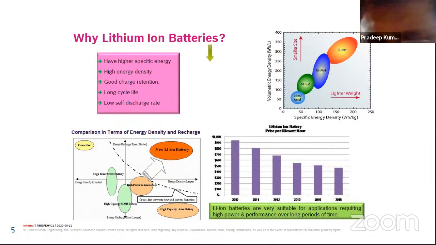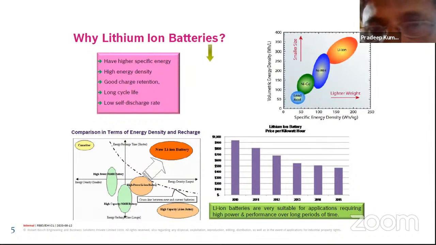Recently Tesla announced its battery day, and what they did is change the graphite in the negative electrode. I'll come to that in the coming slide. A little bit of silicon is added. It is known that if you add silicon along with the graphite in the electrode material, it is possible to have higher energy density.